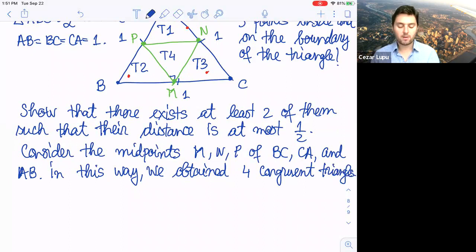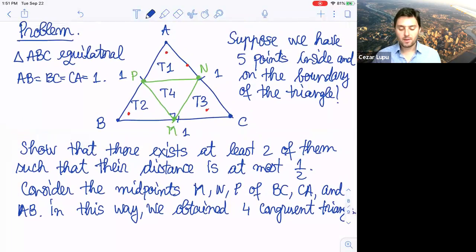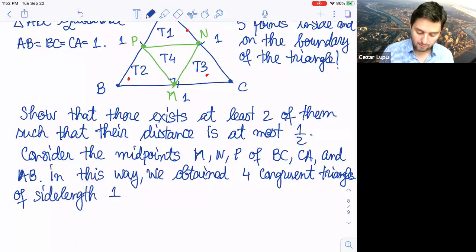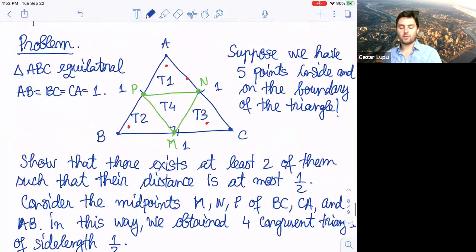Right, but they're basically the same. Well, what is the side length of each triangle? It's 1/2, correct? Congruent triangles of side length 1/2. All right, that's great.